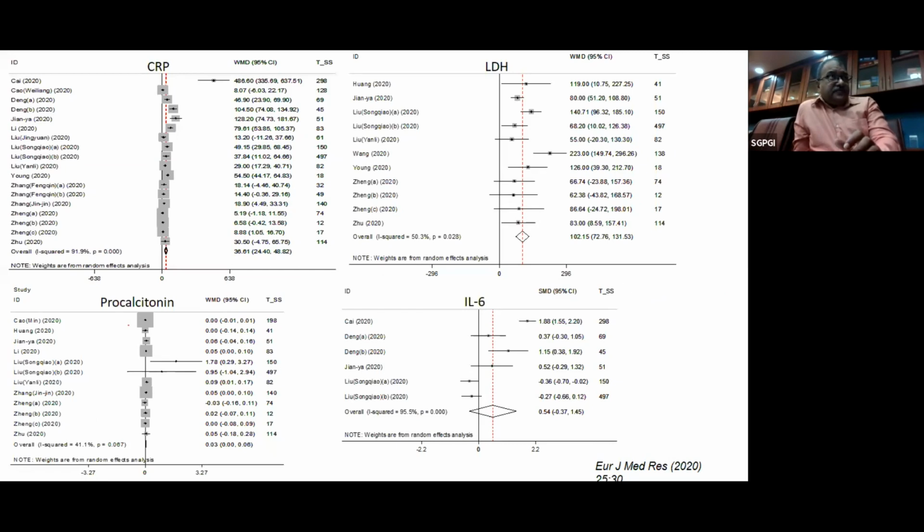Also, the levels of IL-6 were not found to be significantly differentiating between patients with severe versus mild disease. And in this very study, procalcitonin was found to be much higher in patients who have severe disease.